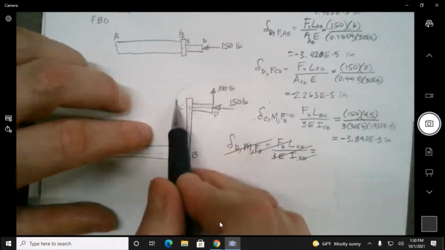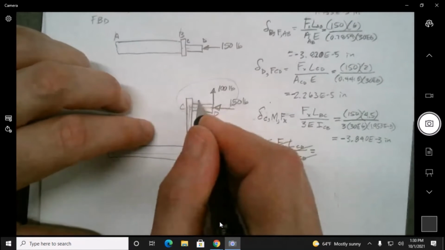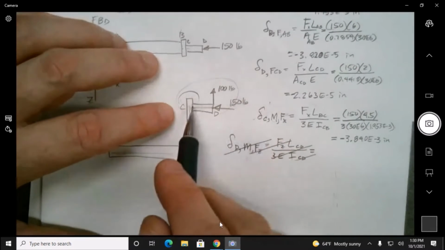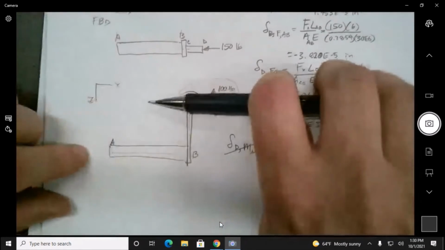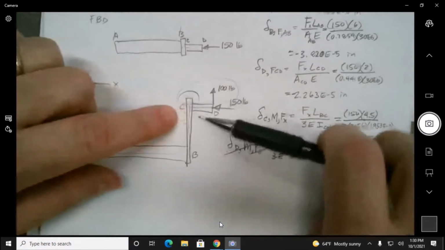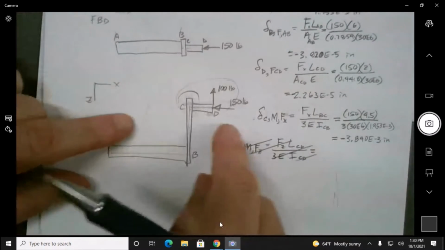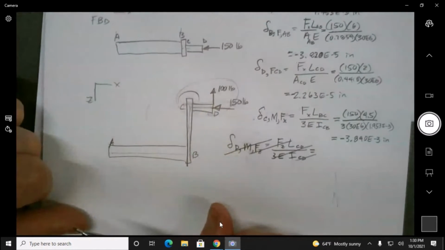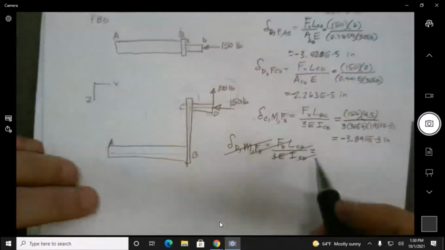But okay, so what this 100 will do is act like a moment on the end of this and bend this thing further. So this one is bending it because it's just a force being applied to it, but this one is creating a moment that's going to attempt to bend it. So we have to account for that.